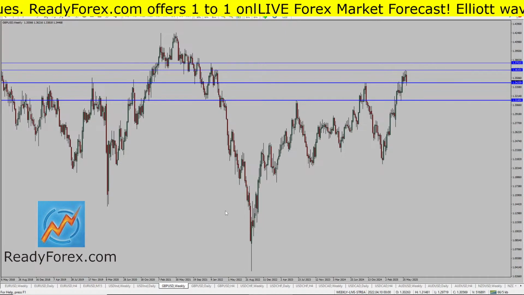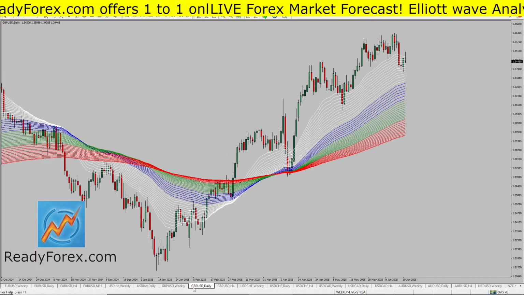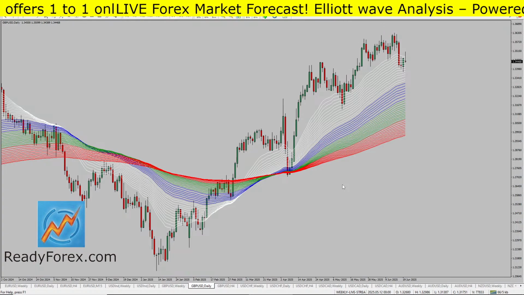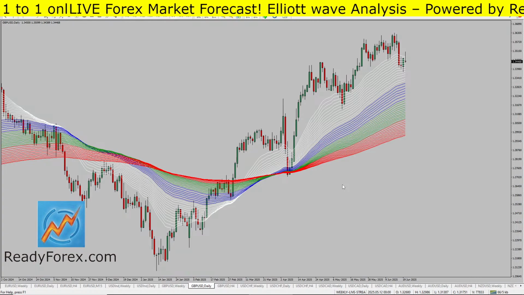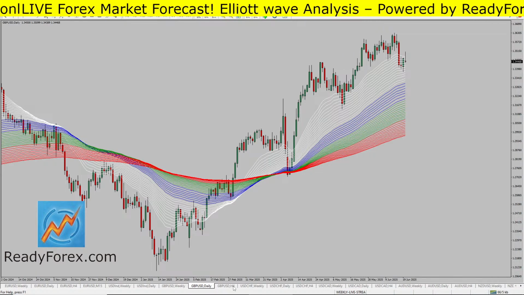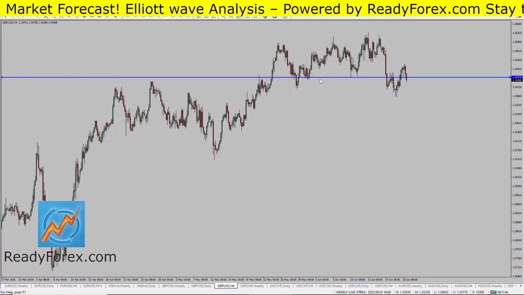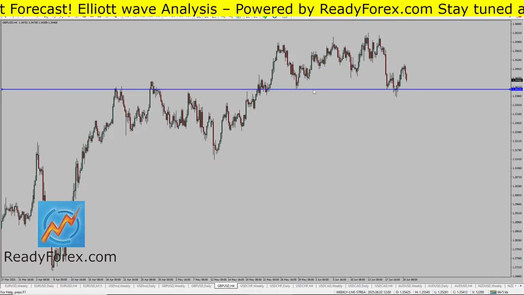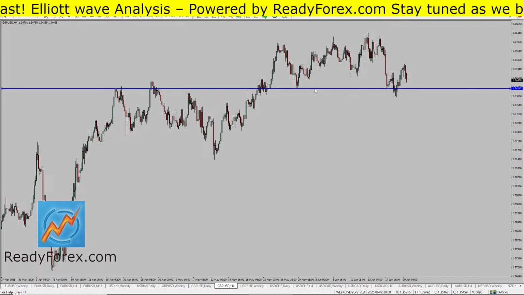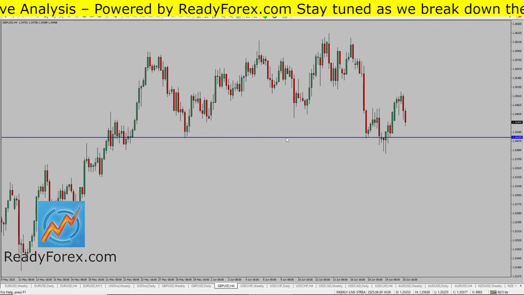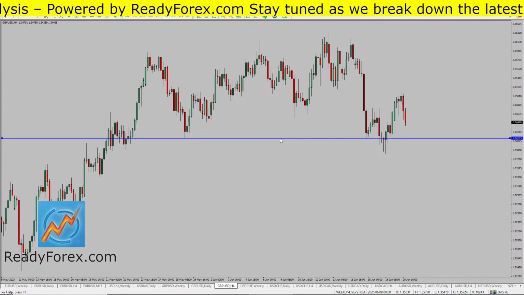Let us take a look at the daily time frame. On the daily time frame, you notice that the scenario still looks bullish. If I go over to the 4-hour time frame, I would say we need a bearish candlestick close to confirm the beginning of a downtrend.